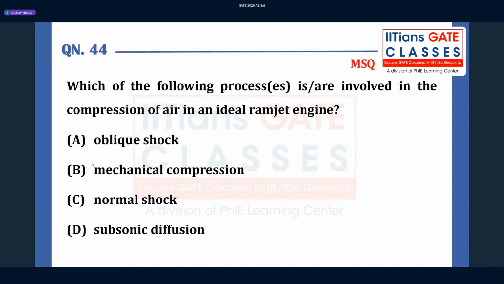Then we have this question. Which of the following process or processes is or are involved in the compression of air in an ideal ramjet engine? So in an ideal ramjet engine, what happens? This is my combustion, then it's a nozzle. We have a supersonic flow that needs to be there.